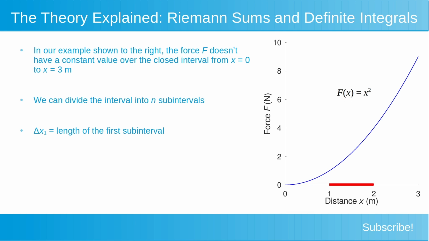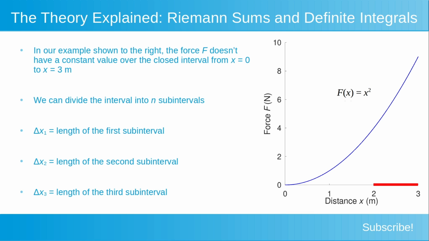Shown now at the right of the screen, our second sub-interval is highlighted in red, and we're going to use the variable delta x2 to represent the length of this second sub-interval. And our third sub-interval is highlighted in red, and we're going to use the variable delta x3 to represent the length of this third sub-interval.